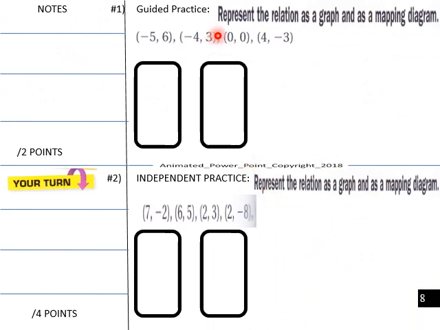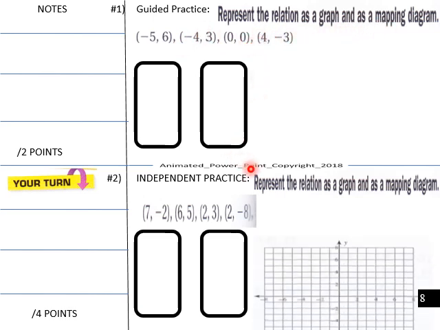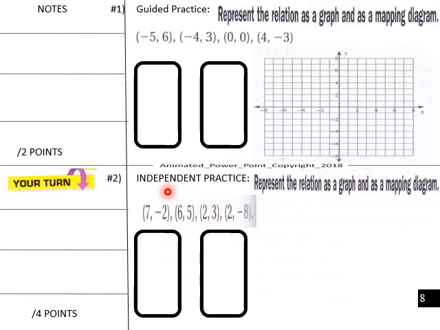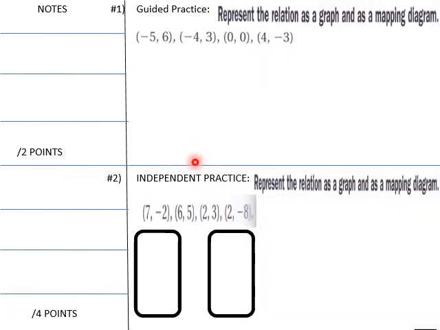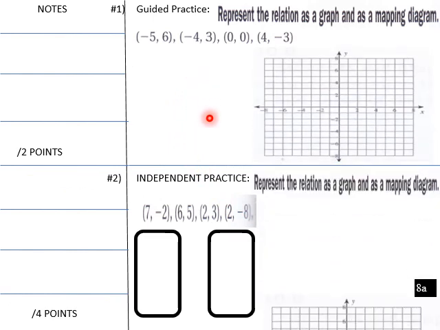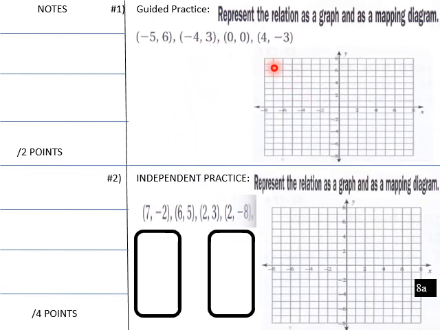Let's try one now in our guided practice. Represent this relation as a graph and as a mapping diagram. You'll do the same thing down here for your independent practice. Let's go into our guided now and do this one, page 8 on your classwork sheet. Up here, represent the relation as a graph.